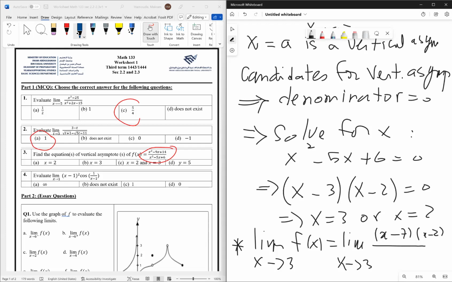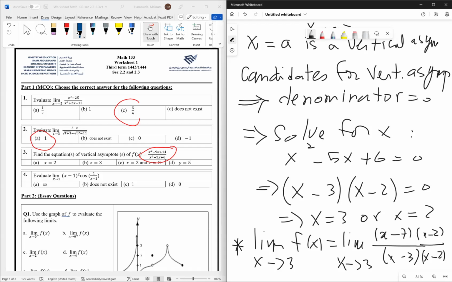and my factoring is correct. We already have the factoring of the denominator, which is x minus 3, x minus 2. So clearly here, we can simplify x minus 2, but we cannot simplify x minus 3. So x minus 3 still makes the denominator equal to 0.